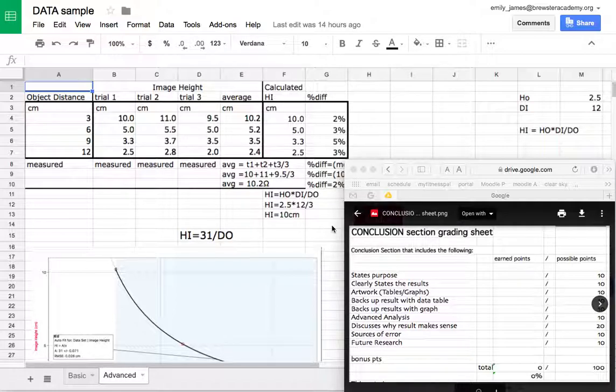Finally, we want to talk about the sources of error. This is not that we may have calculated wrong, or that maybe we didn't understand the lab. That's not scientific error. Scientific error is what limits the data from being accurate. So measurement error is a scientific error.